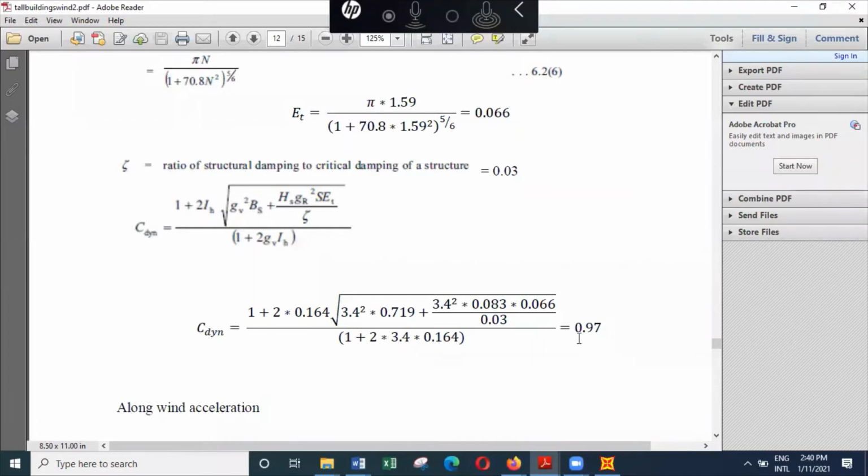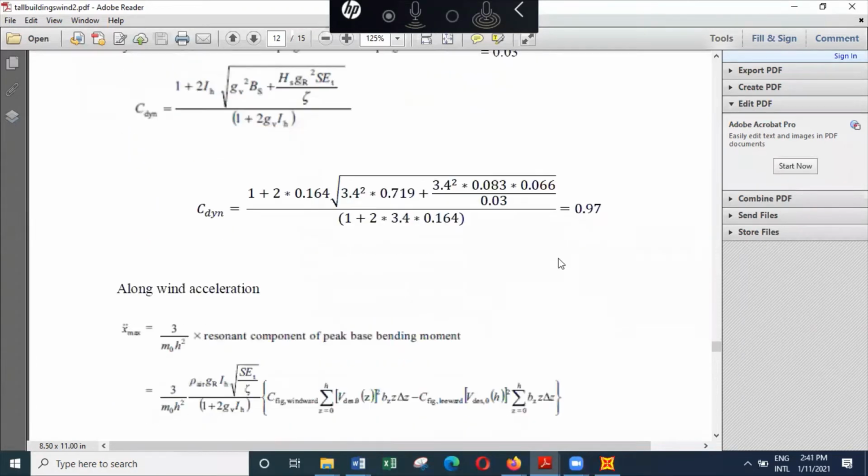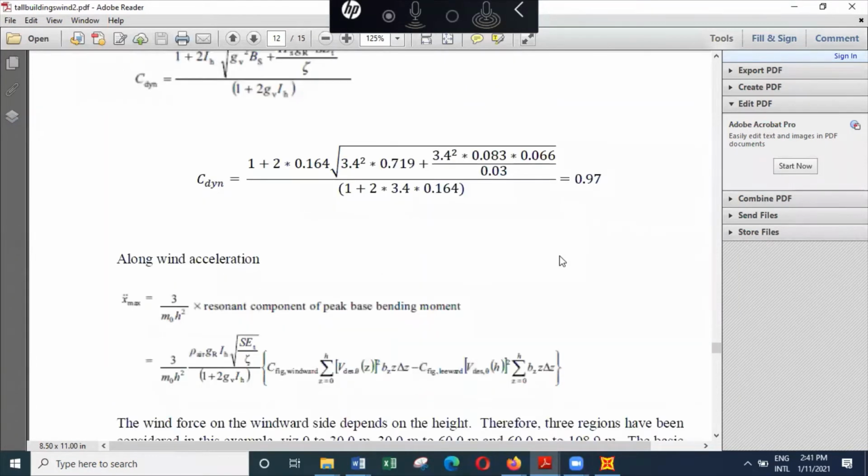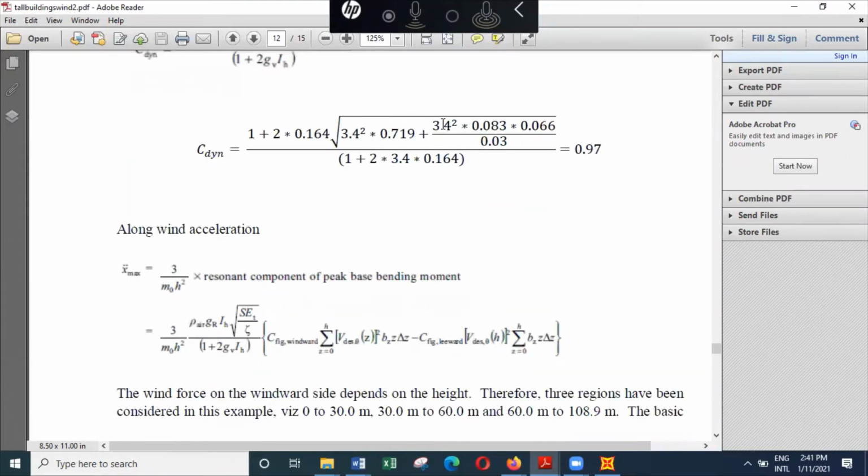most of these C dynamic values are needed to calculate the along-wind acceleration as well. Most of these parameters will appear in that equation as well. So let's see how to determine the along-wind acceleration. And in this particular building, the dynamic effects are not that critical.